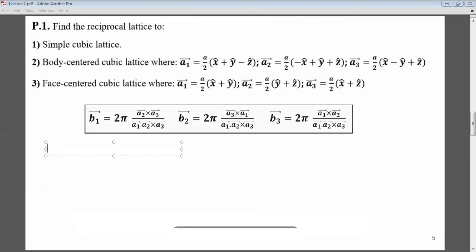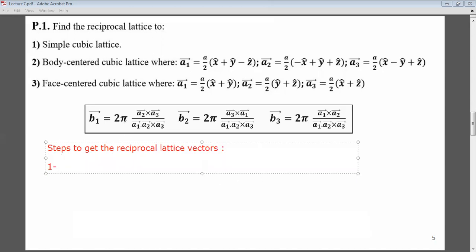So the steps to get the reciprocal lattice vectors. Step 1: define the direct lattice vectors, the primitive lattice vectors.